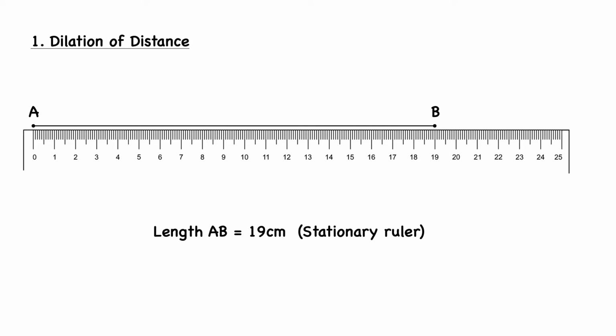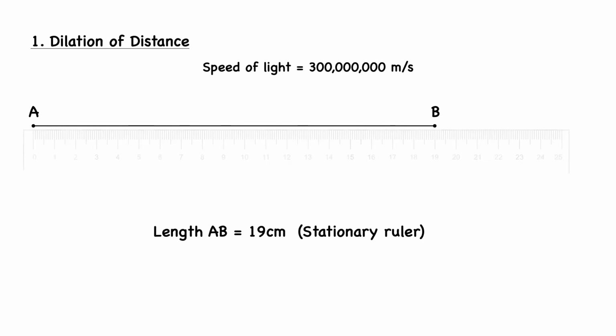Now, at this point we assume the length doesn't vary because it will always measure the same every time we measure it. This is true when things are static, but surprisingly it's not true when we start moving things around very fast. The speed of light can be measured with great accuracy these days, and it's almost exactly 300 million meters per second, which is impressively fast.